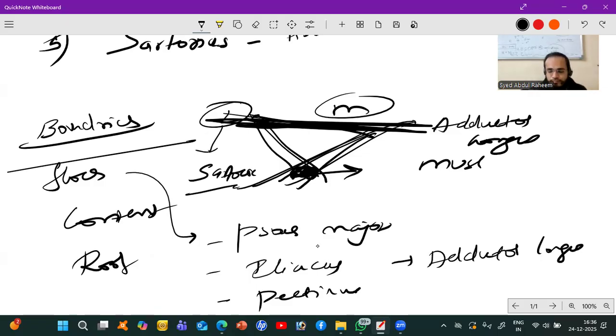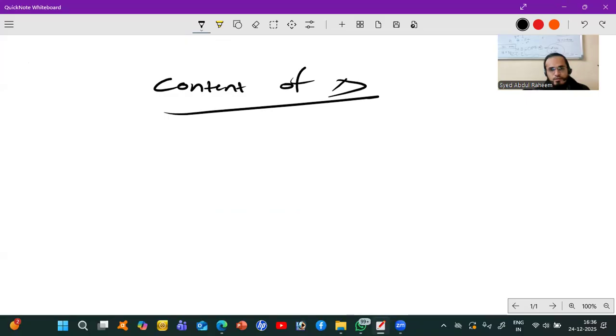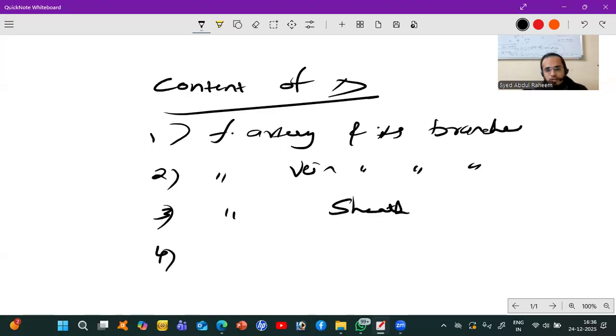What are the contents of the femoral triangle? First is femoral artery and its branches. Second is femoral vein and its branches. Next is femoral sheath. Next topic is the femoral sheath only. Next is femoral nerve. Next is nerve to pectineus.